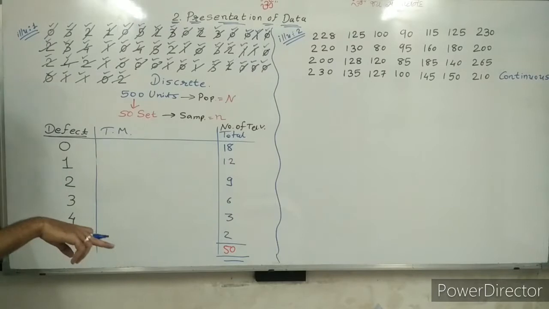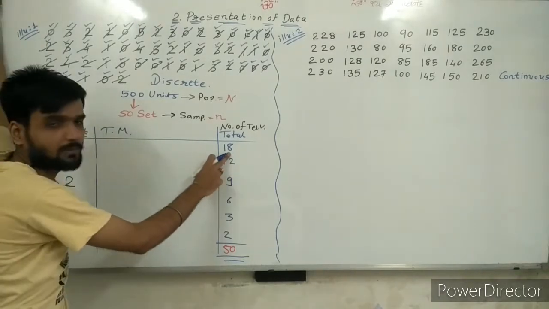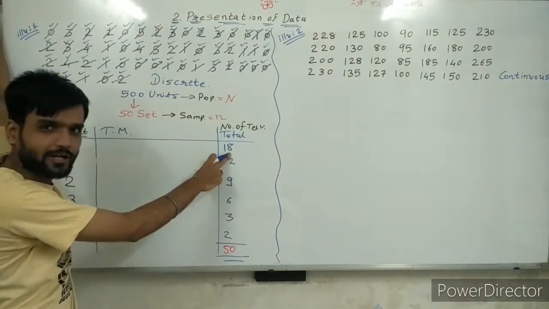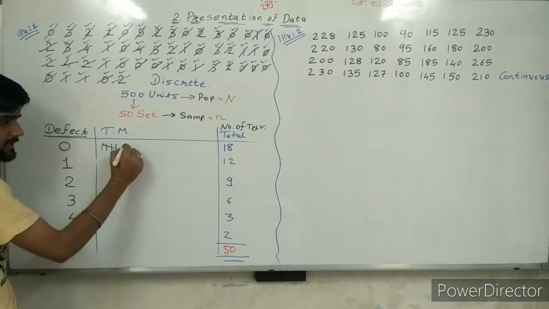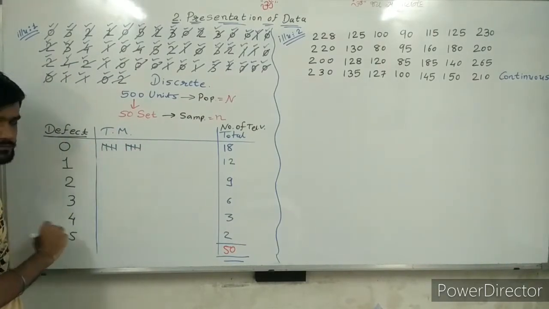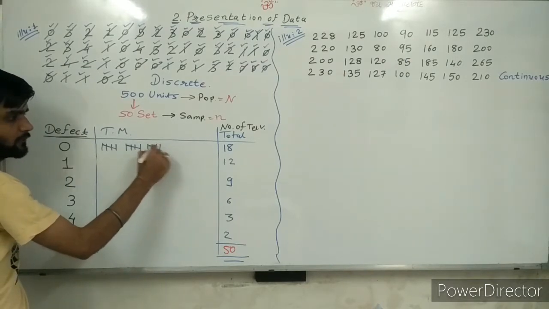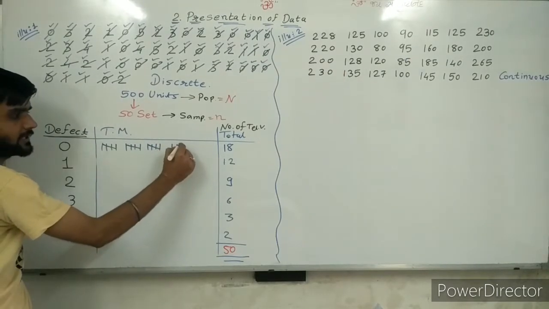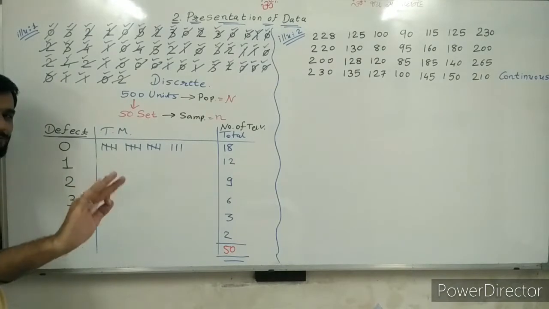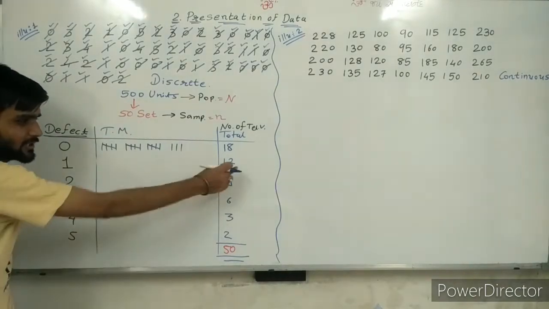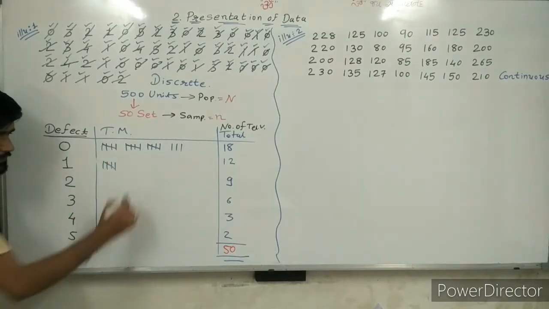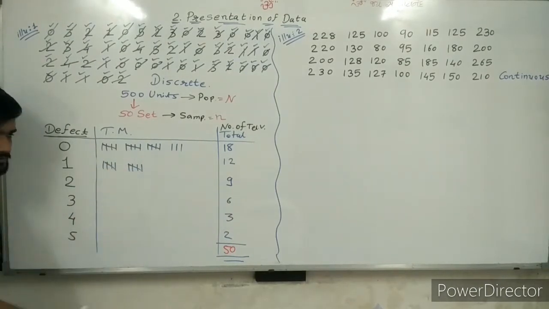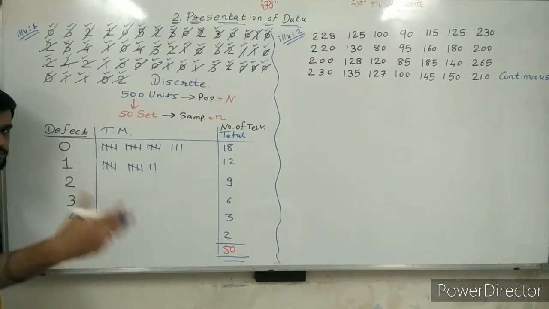Now, how many tally marks do we need to draw? 18. 1, 2, 3, 4, 5, 6, 7, 8, 9, 10, 11, 12, 13, 14, 15, 16, 17, 18. That's it. Completed. 12 number: 1, 2, 3, 4, 5, 6, 7, 8, 9, 10, 11, 12.